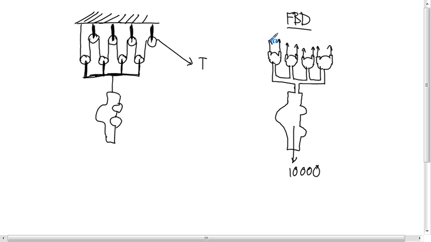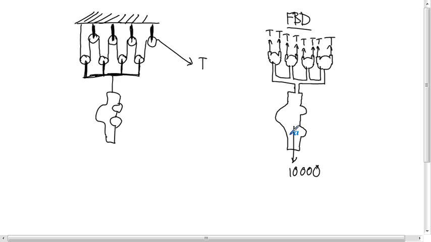Each one of these forces has a magnitude of T. And so this 10,000 Newton force acting down ends up being counteracted by 8 upward forces by the cable. And so you get 10,000 divided by 8 in that case.